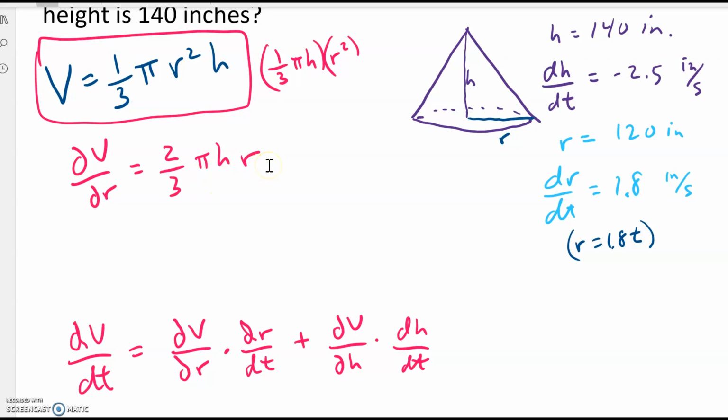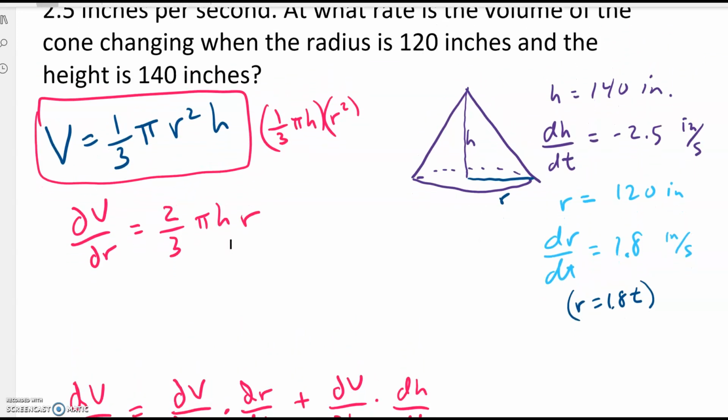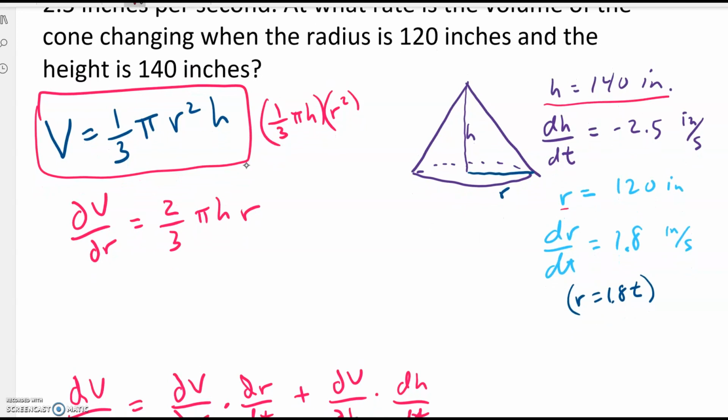Now we can go ahead and plug in h and r right now and get the actual rate. And so it says here in the original question, h is 140, r is 120. So that will be 2/3 times pi times 140 times 120.